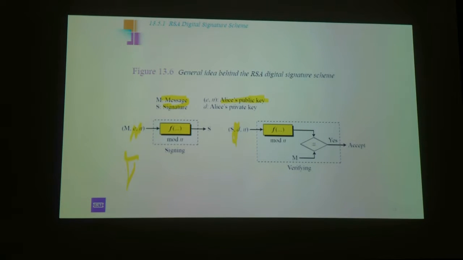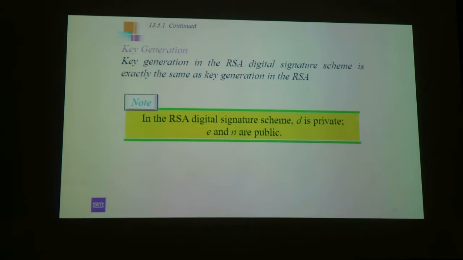So, if you remember, Alice is the sender, right? Alice first has to pick two primes, P and Q, and then calculates N. What is N? P times Q. And then after that she has to calculate phi N. What is phi N?